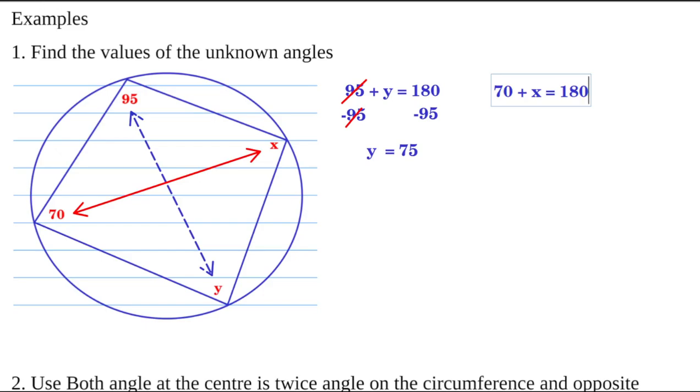Then from there, let's subtract 70 on both sides. Then your x is equal to 180 minus 70, it's 110 degrees.